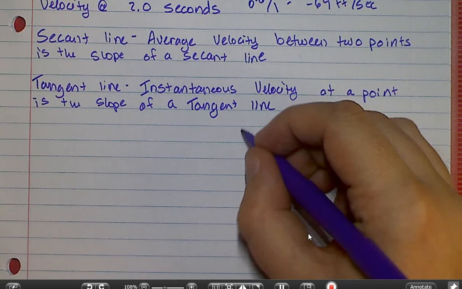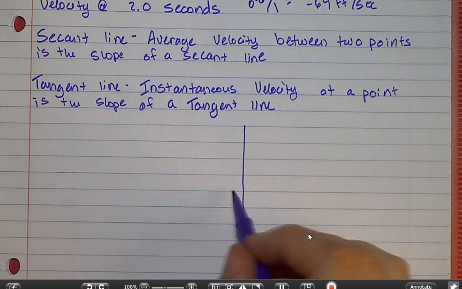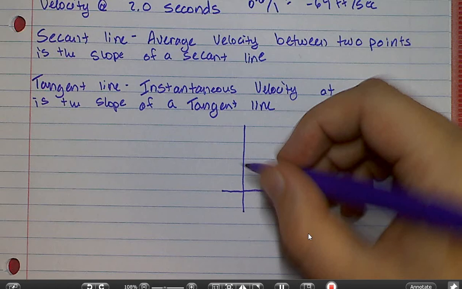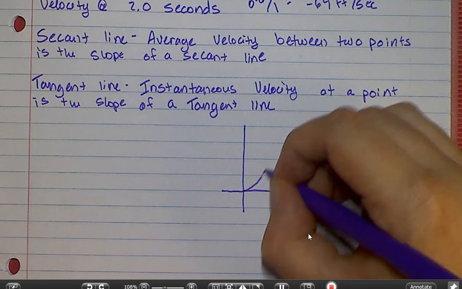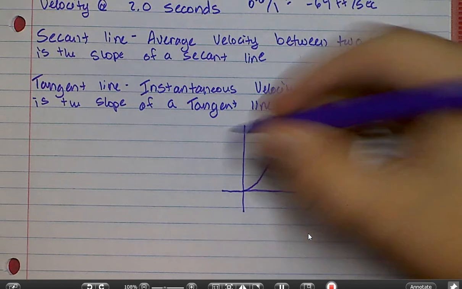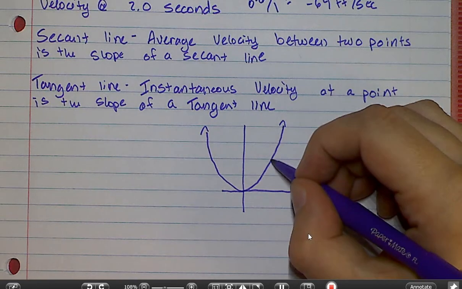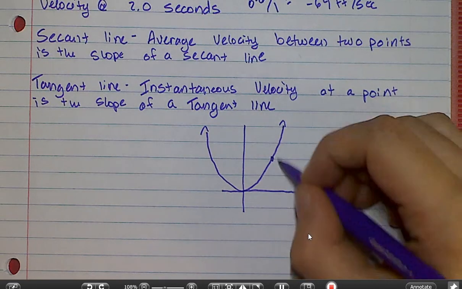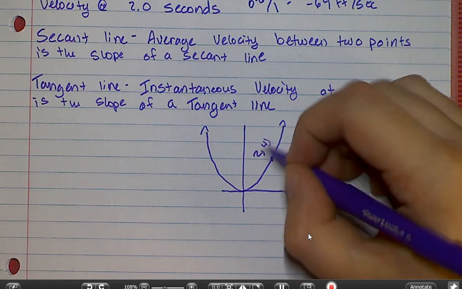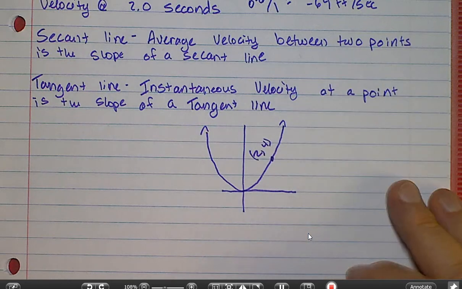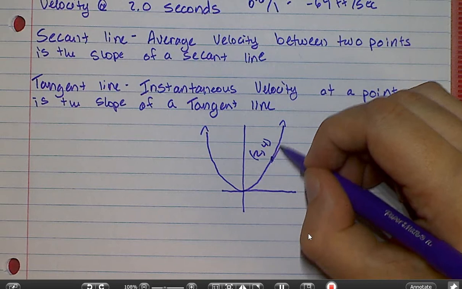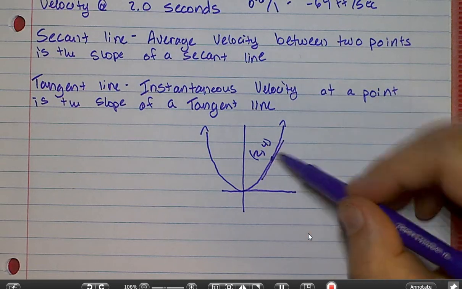So let's say we have y equals x squared. And I'm just going to sketch this. So y equals x squared looks something like this. If I choose a point here, let's say that this point is (2, 4). If I wanted to find a tangent line, it would be the slope of a line tangent at that point.